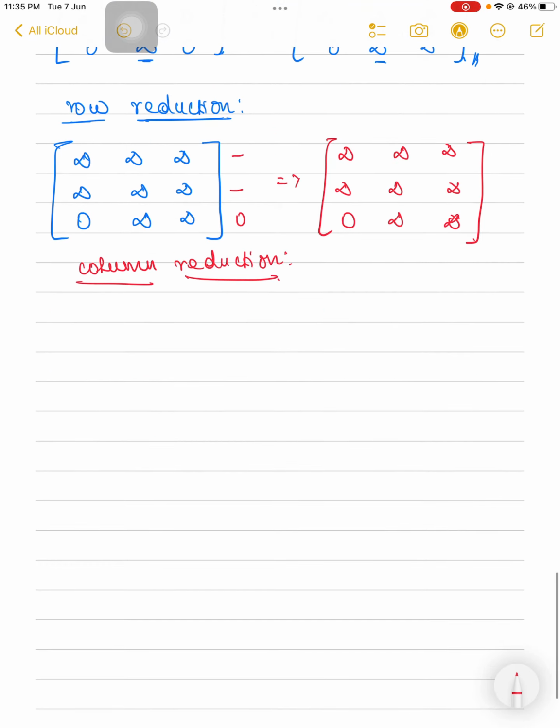When you try to perform column reduction, we again keep getting 0 and null only. So column reduction also can't be performed because it is already column reduced: 0, null, null. Again it will remain the same.